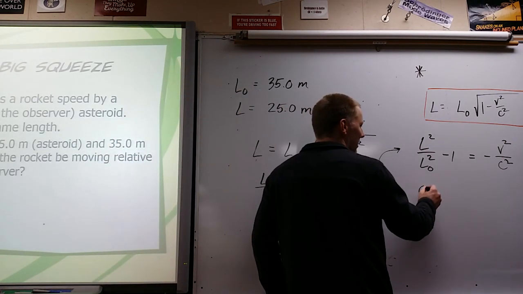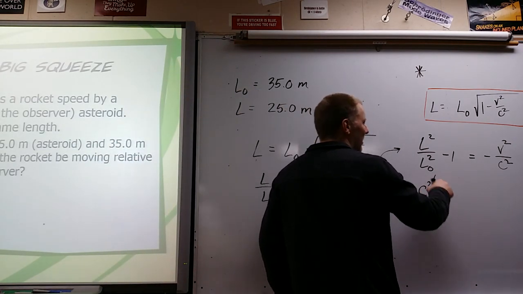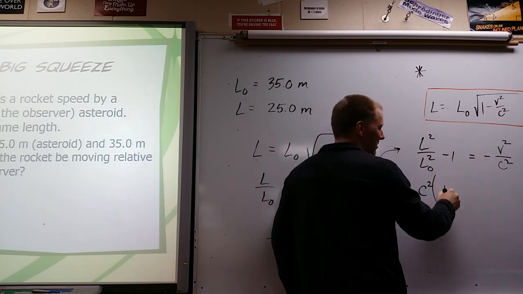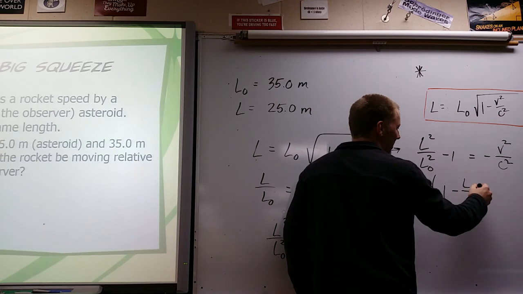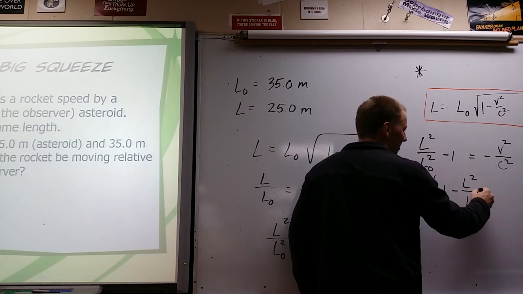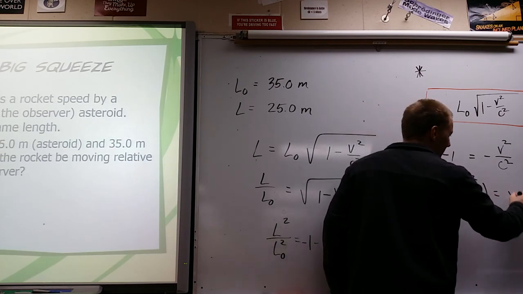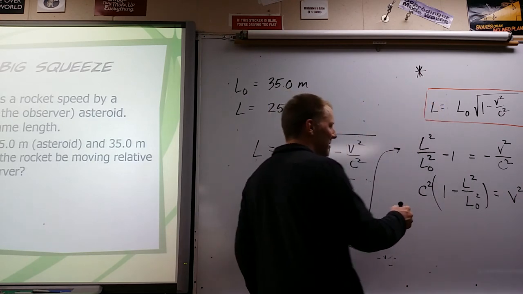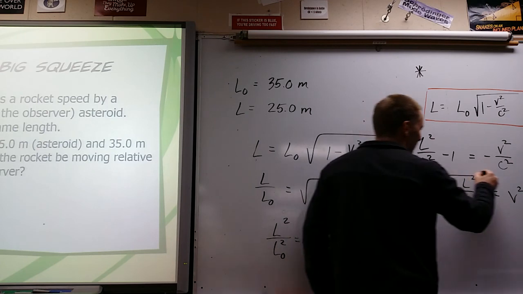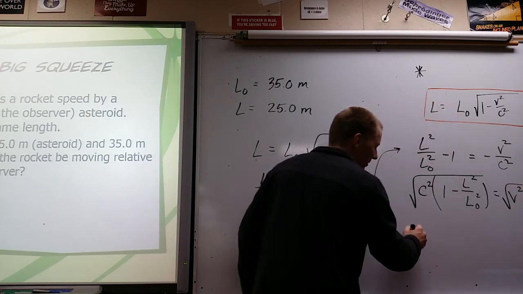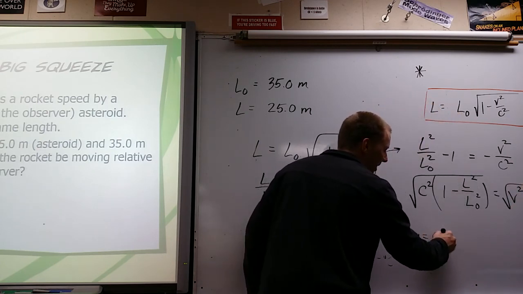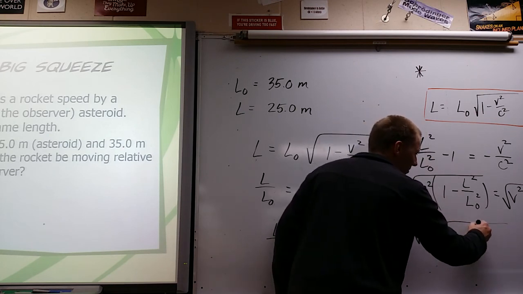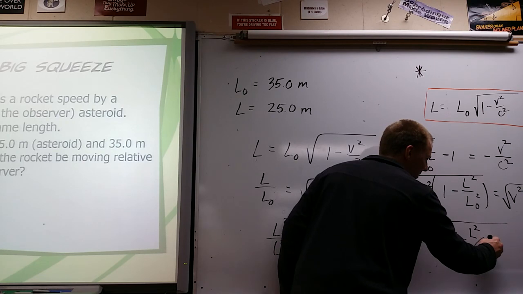So I have c squared times negative L squared over L naught squared plus 1. Just because we're used to doing it this way, I'm going to flip those two. And now I'm going to take the square root of both sides. So the velocity would be equal to c times the square root of 1 minus L squared over L naught squared.